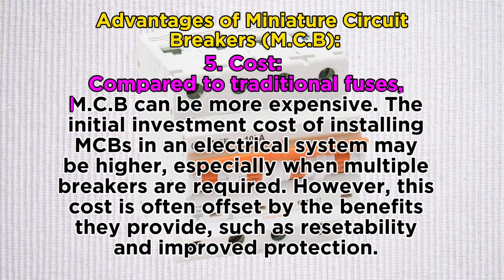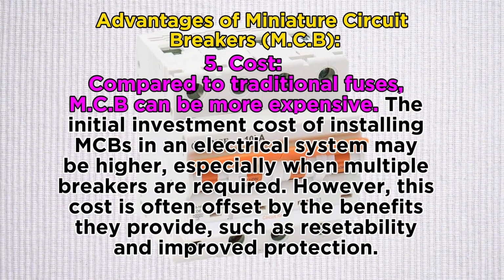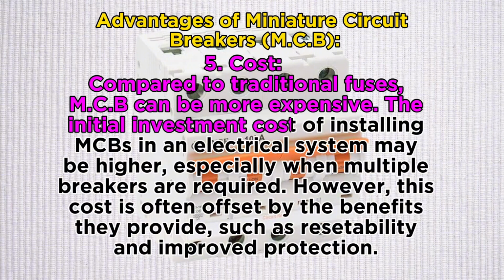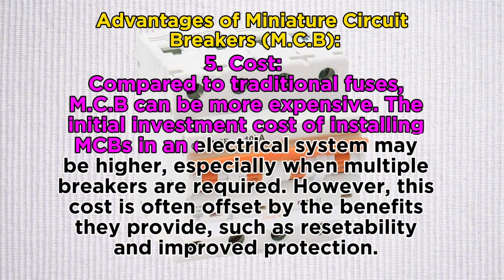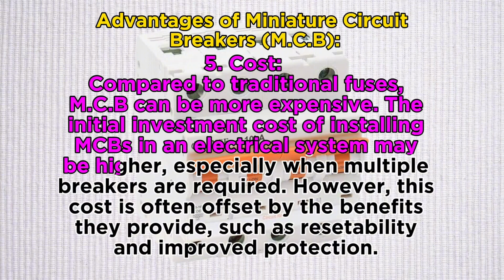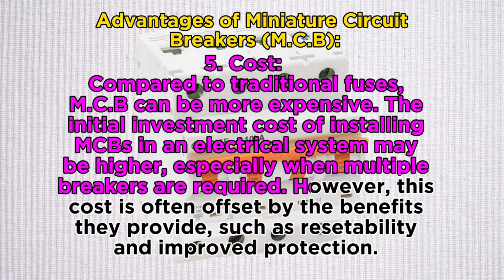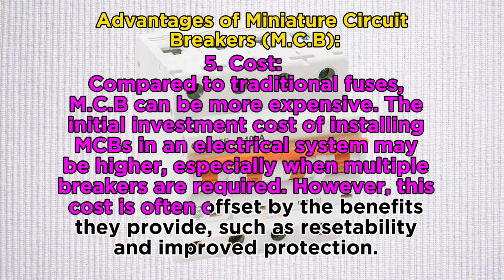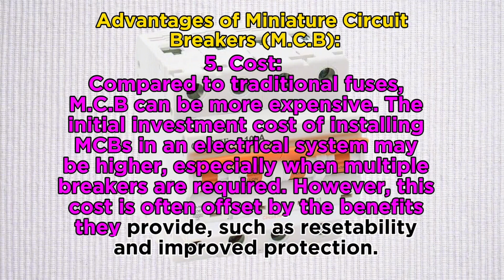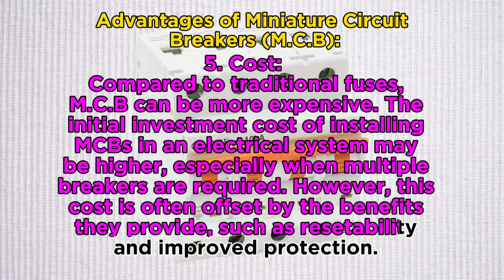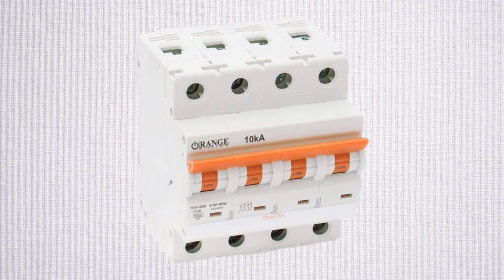Compared to traditional fuses, MCBs can be more expensive. The initial investment cost of installing MCBs in an electrical system may be higher, especially when multiple breakers are required. However, this cost is often offset by the benefits they provide, such as resettability and improved protection.